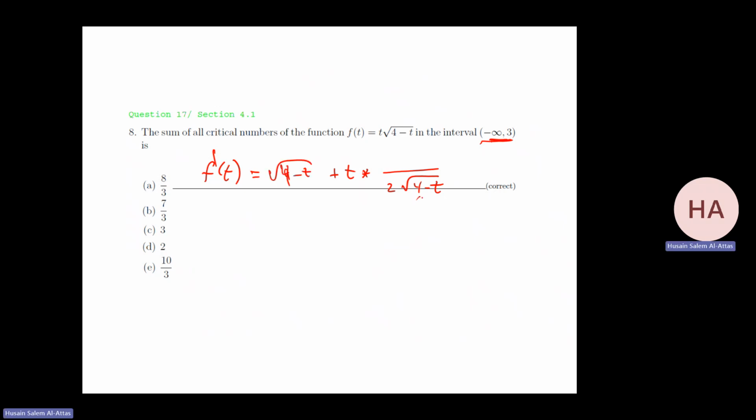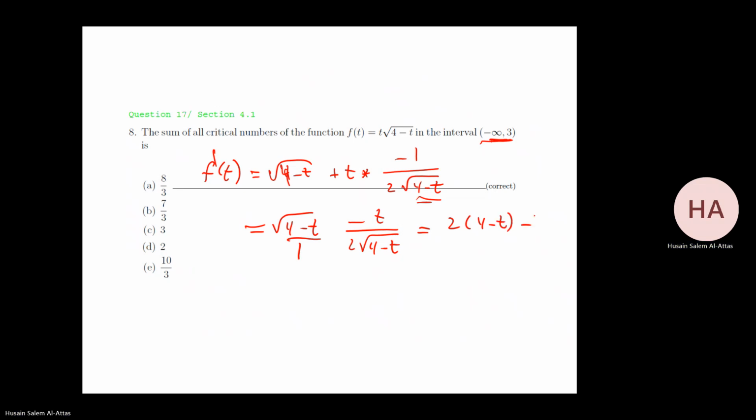Don't forget the derivative of this, which is minus 1. So that gives me square root 4 minus t over 2 square root 4 minus t, minus t over 2 square root 4 minus t. So I have 8 minus 3t in the numerator over 2 root 4 minus t.